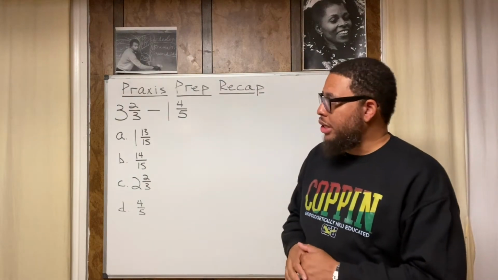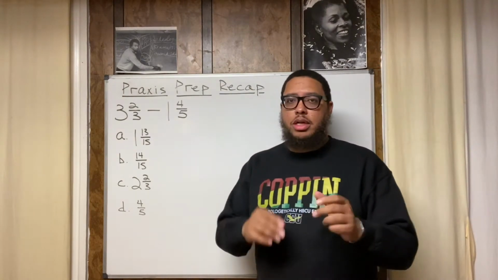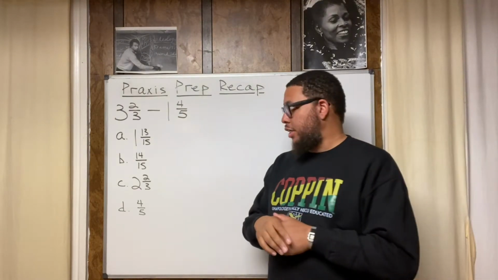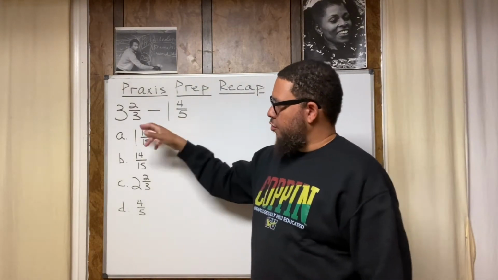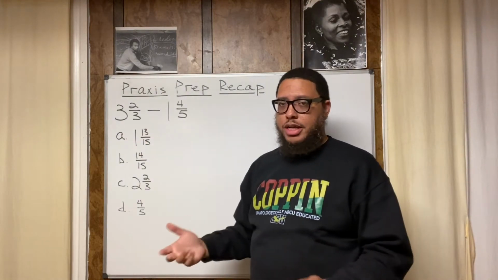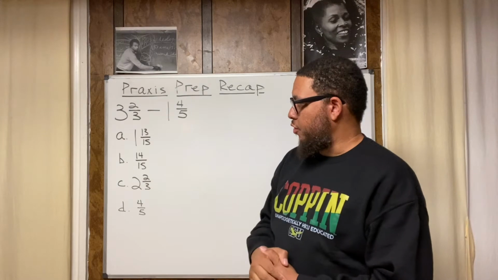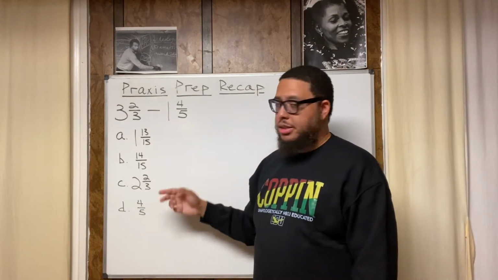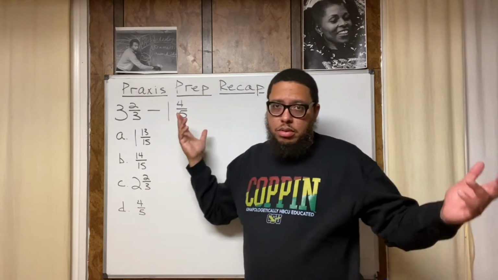So one thing you could do is use the calculator that's provided to you on the screen within the online version of the test. You could convert these to decimals. So 3 2/3 could be converted to a decimal. 1 4/5 could be converted to a decimal. Then you could convert all of these answers into decimals, and then you just see which one matches up.